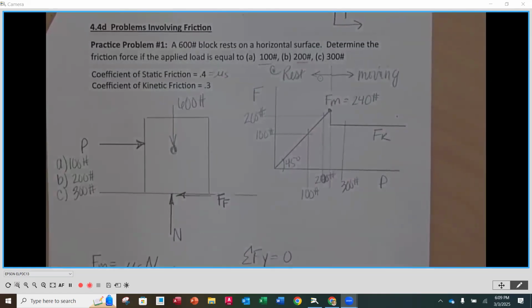Couple of reasons. Number one, you've got momentum with you. You've got some mass moving behind you, and that's going to help you stay in motion, right? The second part of it is that there are peaks and valleys on the surface of the materials that are in contact with one another.